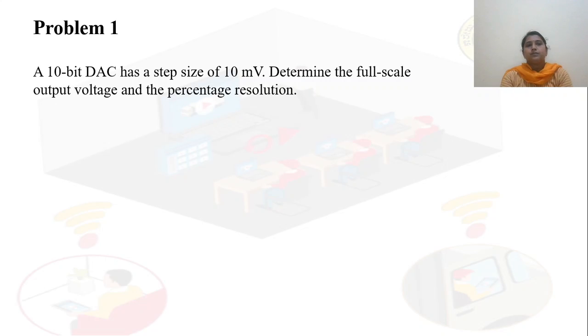Problem number 1. A 10-bit digital to analog converter has a step size of 10 millivolt. Determine the full-scale output voltage and the percentage resolution. In this problem, they have specified that the DAC is a 10-bit DAC and given a step size of 10 millivolt.